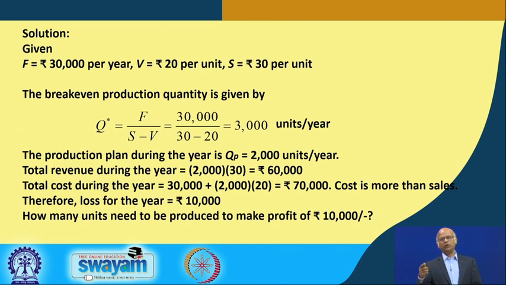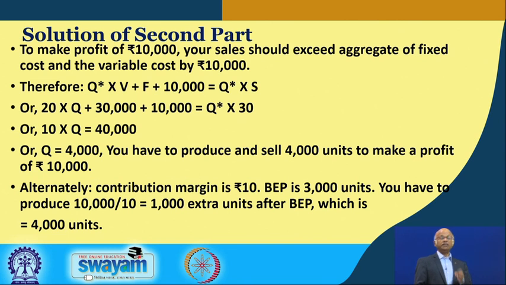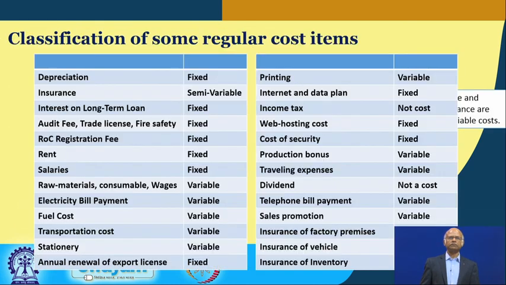To make 10,000 rupees of profit, you need to sell 1000 units, 1000 multiplied by 10, because you make a profit of 10 rupees per unit. So, either way you can estimate that. You have to sell 1000 more beyond break-even, so total sales should be 3000, the break-even sales, plus 1000.